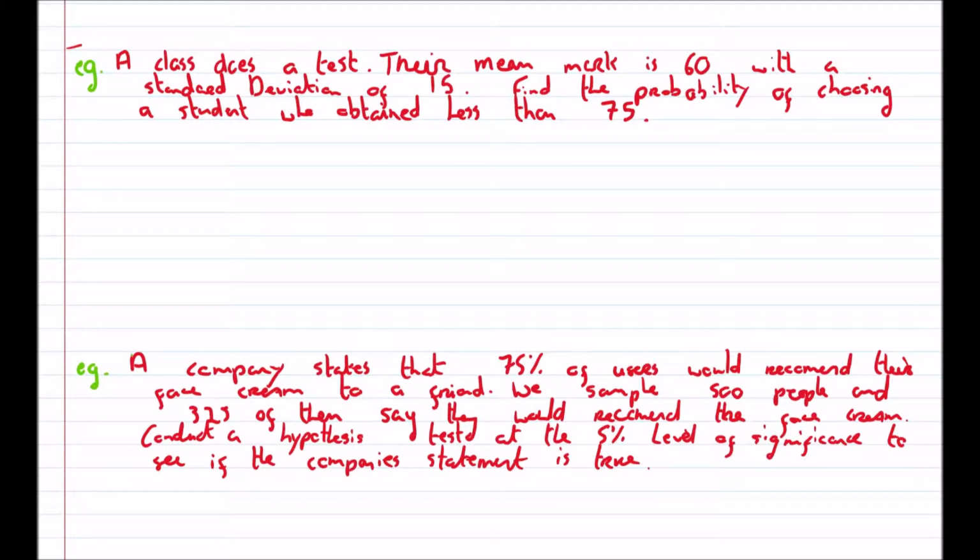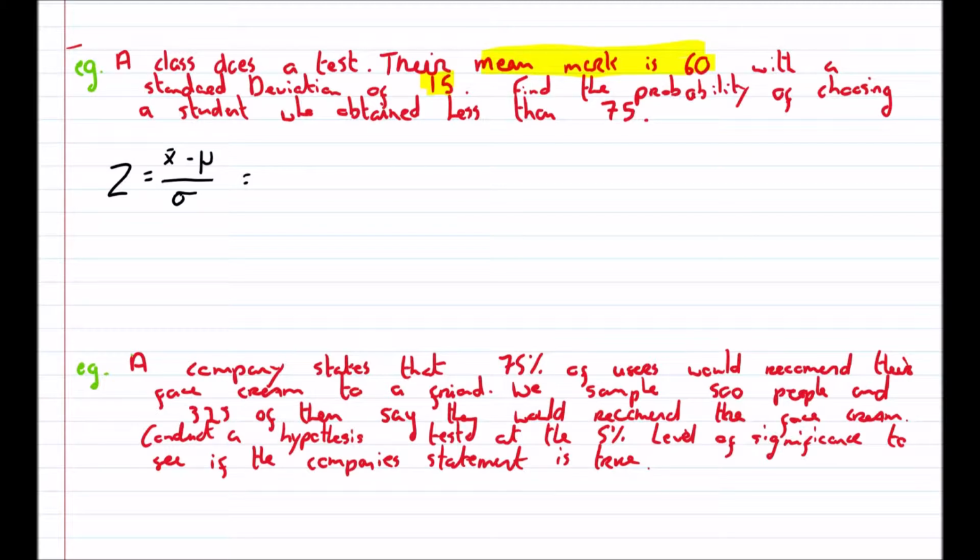So here's one. A class does a test. Their mean mark is 60 with a standard deviation of 15. Find the probability of choosing a student who obtained less than 75. Okay, so that is a straightforward z-score. So we will be using this. So put in our figures.